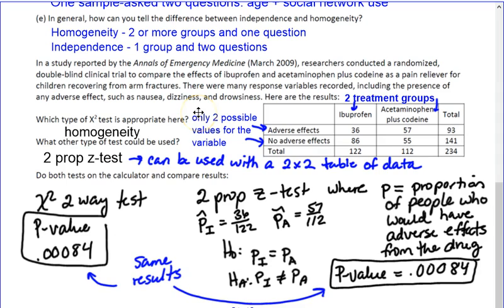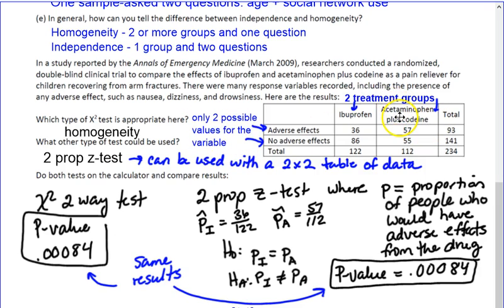There were many response variables recorded, including the presence of any adverse effects such as nausea, dizziness, and drowsiness. Here are the results. Okay, so we have two treatment groups. Children were randomly assigned to get one or the other of these pain-relieving medicines. Then, after the study was conducted, they were measured. Did they have adverse effects, nausea, dizziness, or drowsiness, or did they not?